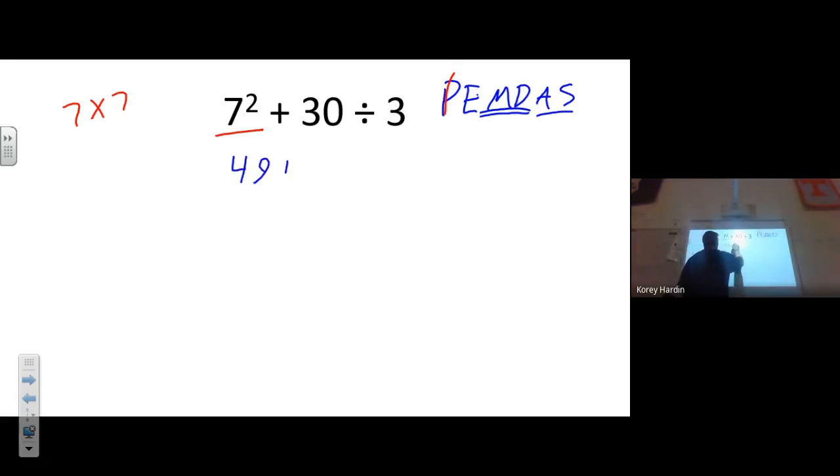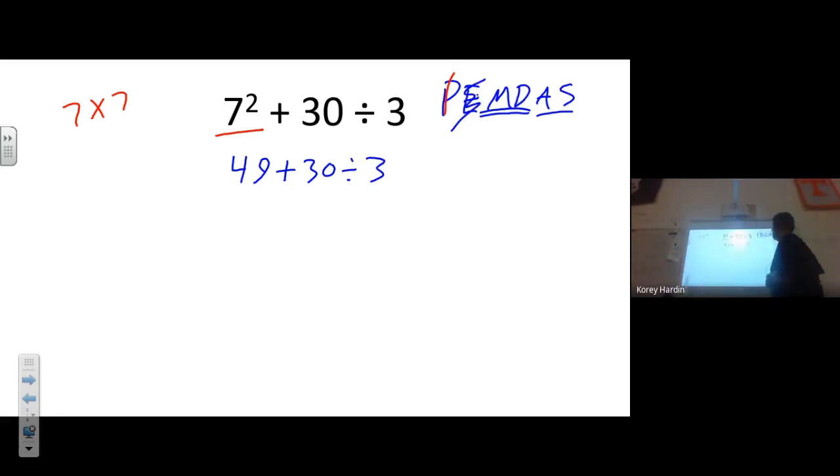So I've got 49 plus 30 divided by 3. All right, no more exponents. So I go to multiplication and division. We read these from left to right. No multiplication and division until you get to 30 divided by 3. So I'm going to work that out. 30 divided by 3 is going to be 10.